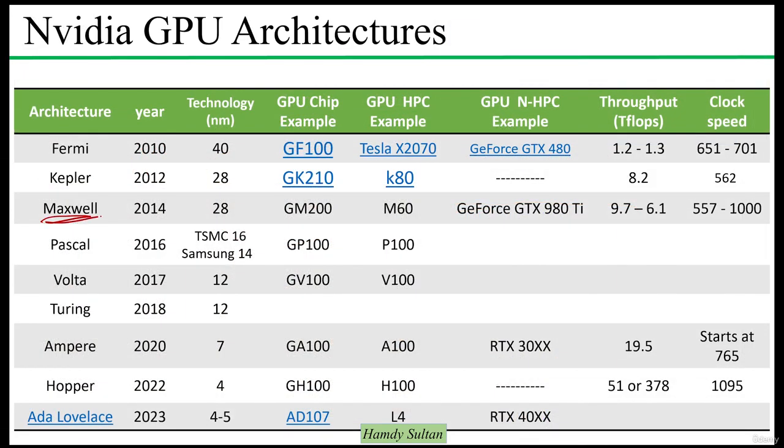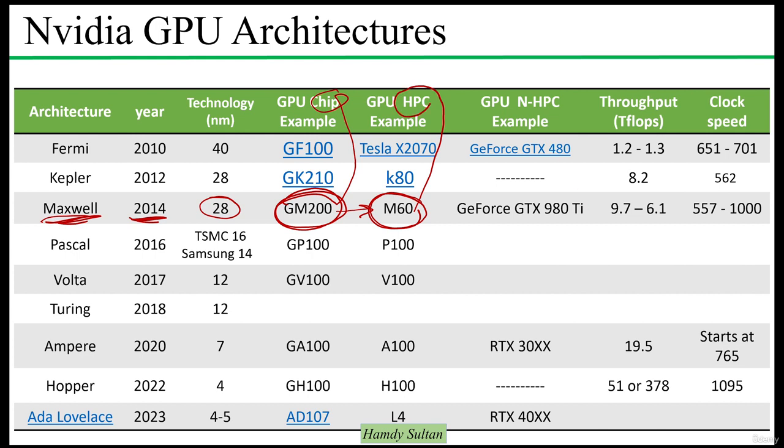The Maxwell architecture, which was introduced by Nvidia in 2014, was a significant advancement in the field of GPUs. It is also manufactured with 28 nanometer technology. One of the flagship chips of this architecture is the GM200. This chip was incorporated into the Tesla M60 GPU, which is designed specifically for high-performance computing.